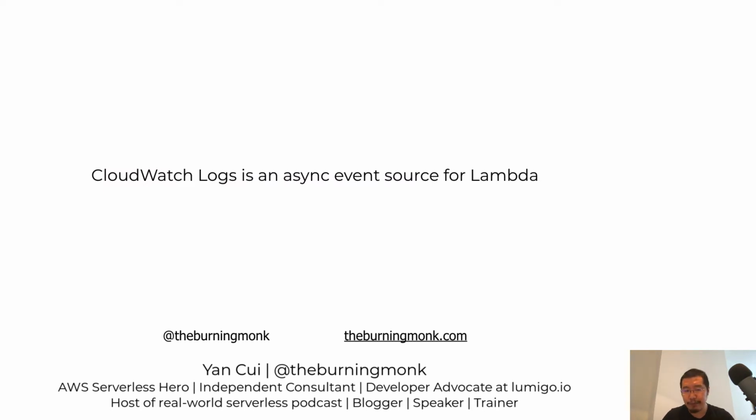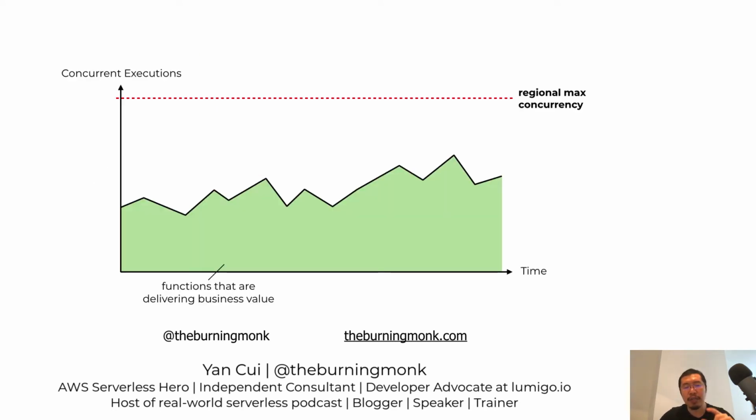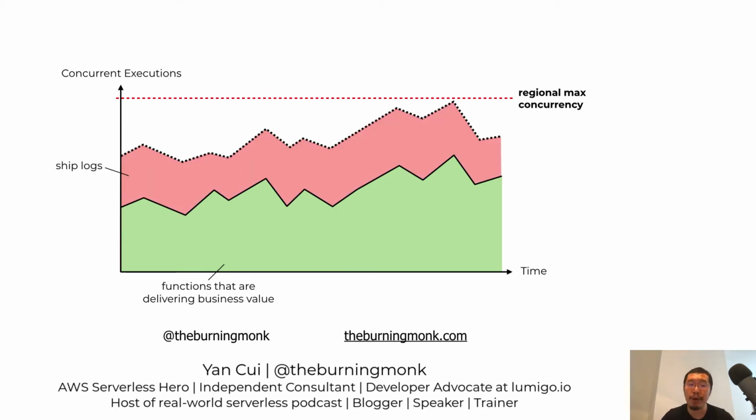CloudWatch Logs, when it triggers a Lambda function, is considered an async event source, which means if you've got a lot of business functions serving user requests from APIs and writing logs, that's going to trigger a lot of your log shipping function as well. So you are using a certain amount of your regional concurrency on handling those API calls to add business value to your application, and the logs they produce also trigger even more Lambda functions to process and ship those logs somewhere else.